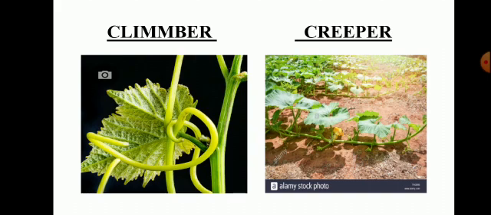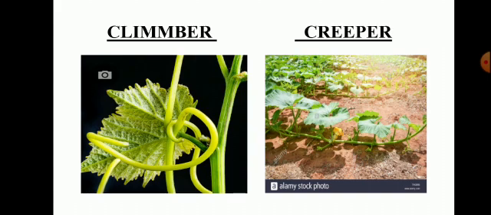Then trees. These are big plants which have a tall and strong stem. The stem is called the trunk. Stems have branches in the upper part, much above the ground. They live for many years. For example, mango, neem, banyan, coconut also.